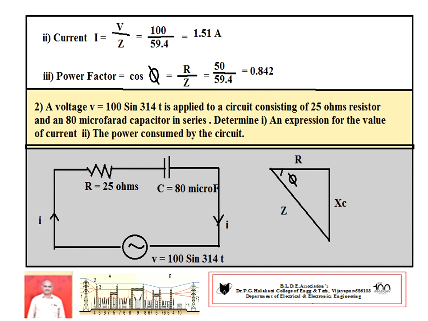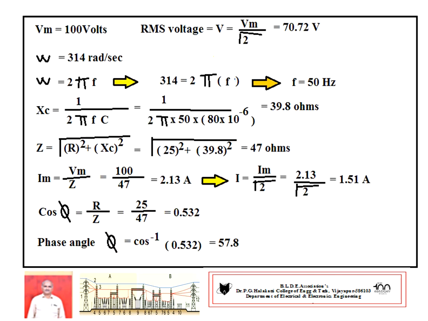Then 100 is Vm value, 314 is omega. You go back, already we solved the problems. So from the voltage expression, maximum voltage Vm equal to 100 volts. Then it is possible to calculate RMS value of voltage, V equal to Vm by root 2. You go for RMS value 70.7 volts.